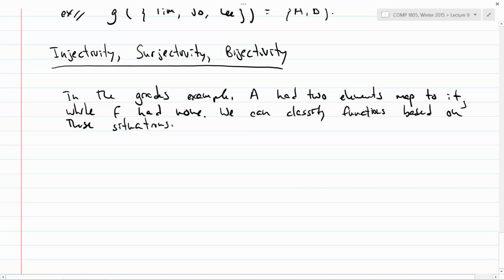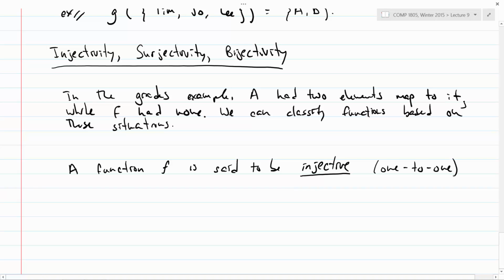All right, so the first situation I want to talk about is this. A function f is said to be injective, and this is also known as one-to-one. I'll use injective in this course, but you might also see this referred to as one-to-one.